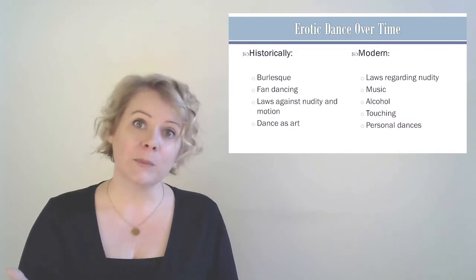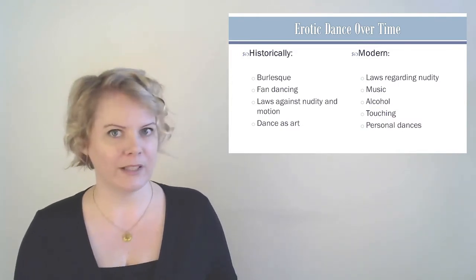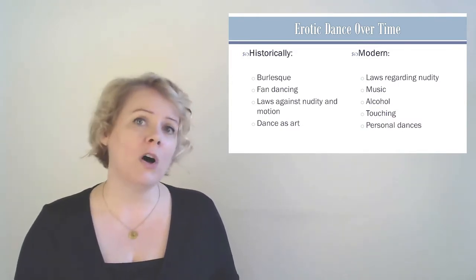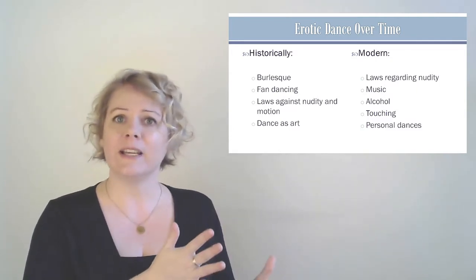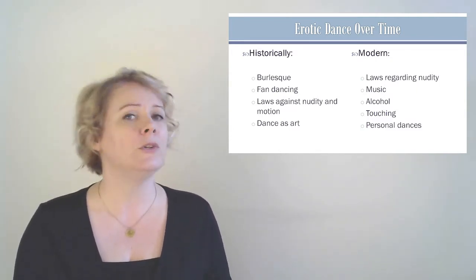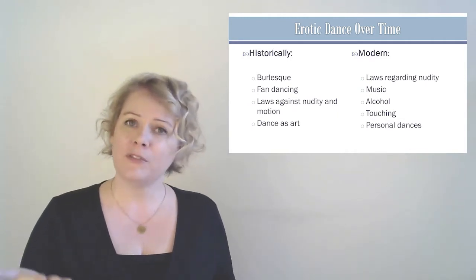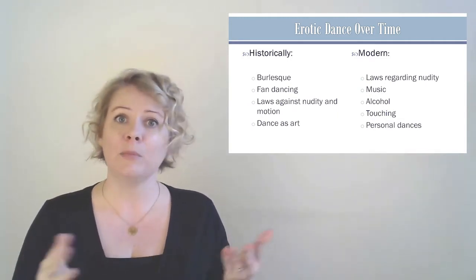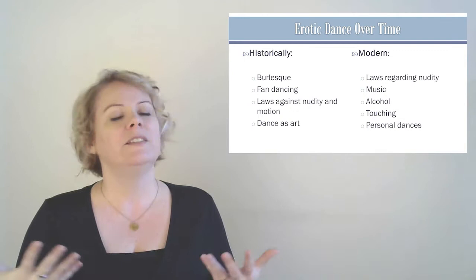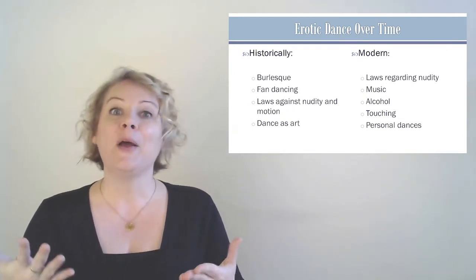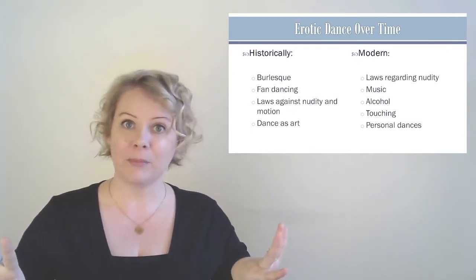So modern strip clubs have a lot of regulations in place. Very often there are laws regarding nudity, but they change by state, so sometimes the dancers can be fully nude, sometimes not. Very often there are laws about alcohol in the same place where people are being nude. Typically they do go together, people like that, but in some states they want them to be totally separate.